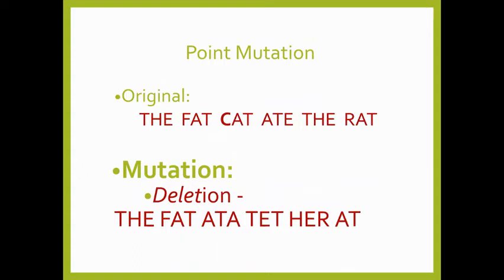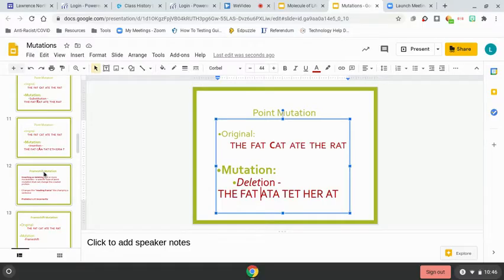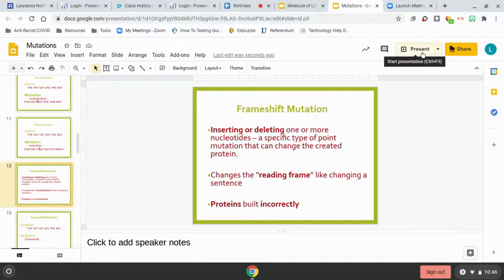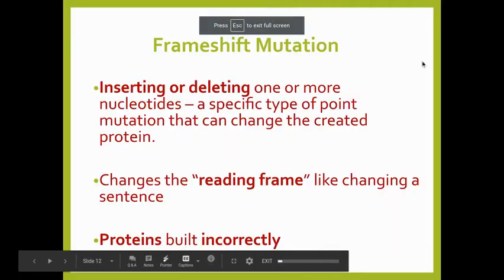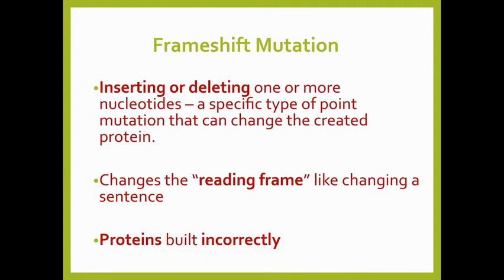This will be for number 7. So both an insertion and a deletion are known as frame shift mutations. So remember that inserting or deleting one or more nucleotides can change the whole protein. It changes the reading frame, like changing a sentence.